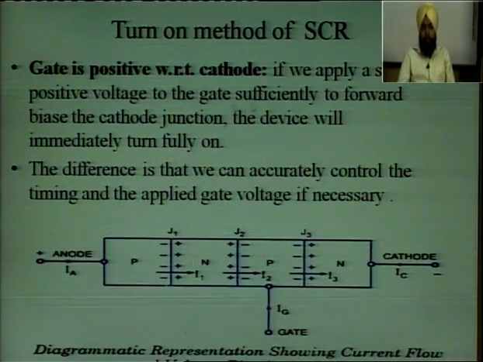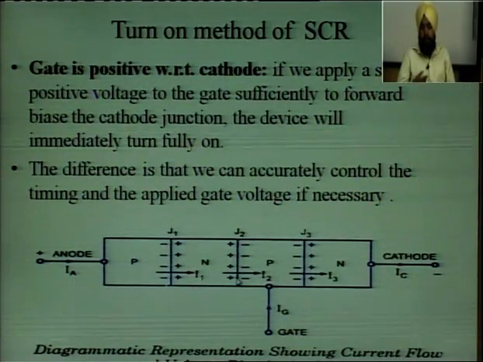If we apply a small positive voltage, the gate sufficiently forward biases the cathode junction, and the device will immediately turn fully on. Previously, when the gate was open, junctions J1 and J3 were forward bias, and junction J2 was reverse bias. But if we apply the gate supply over the gate terminal, then junctions J1 and J3 are already forward bias, and junction J2 will also become forward bias.